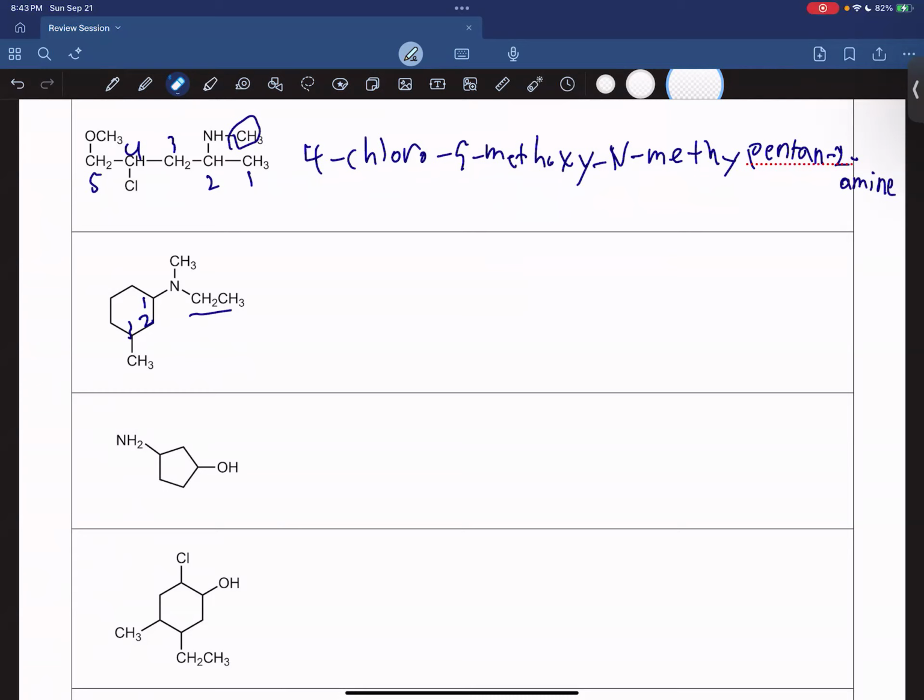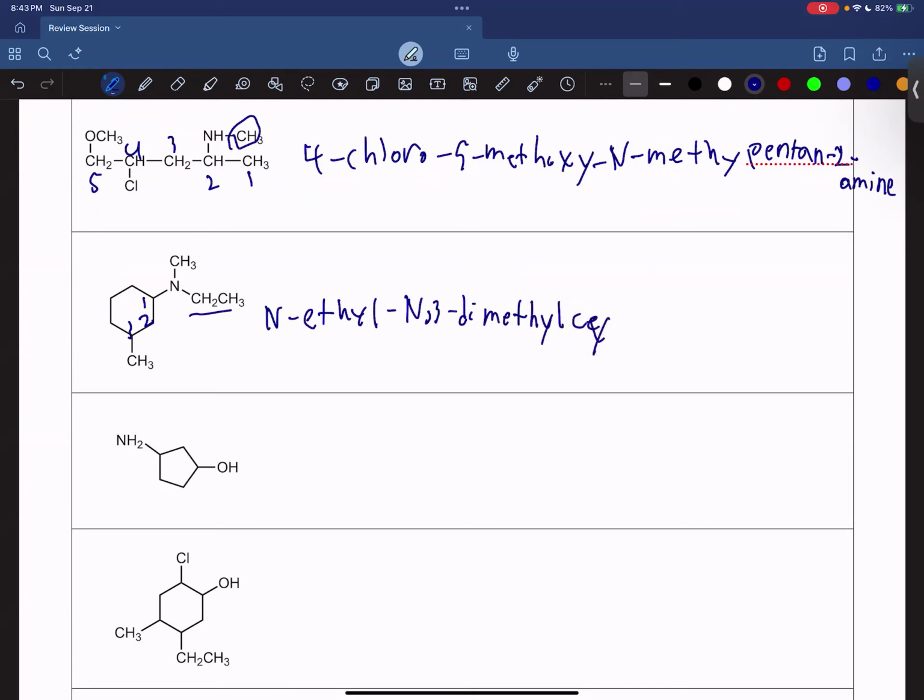All right. Thank you. So I'm going to rewrite that again, hopefully in a more legible way. So we had our first N-ethyl, followed by N,3-dimethyl, cyclohexan-1-amine.